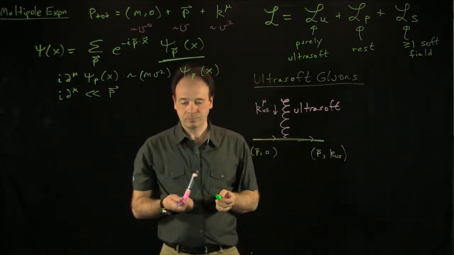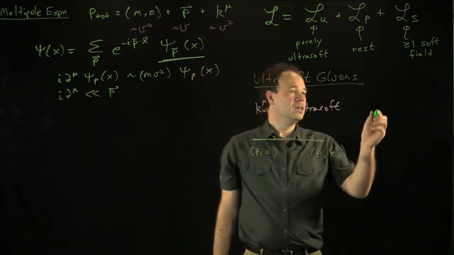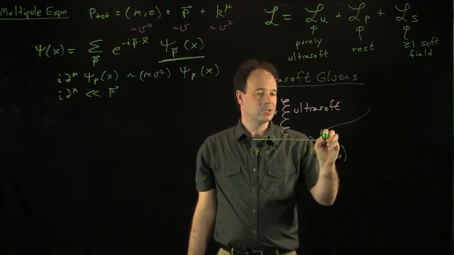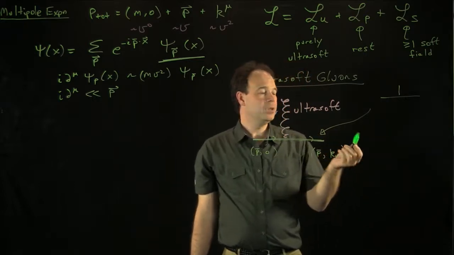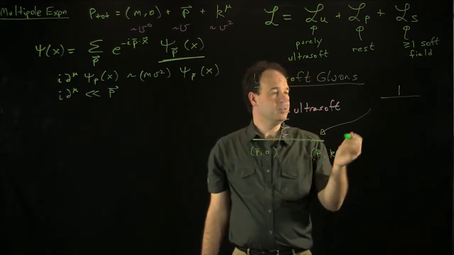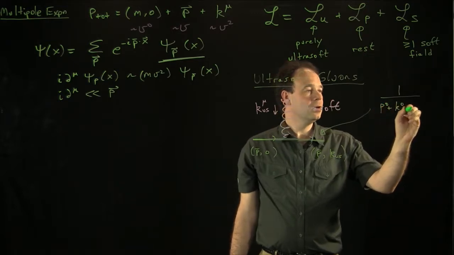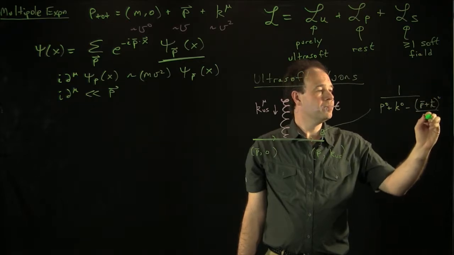squared component. Another thing that's important about ultrasoft gluons is the propagator. We might naively just say, well, OK, we've got momenta p and k, and we've got an energy p0. So maybe we should write p0 plus k0 minus (p vector plus k vector) squared over 2m.